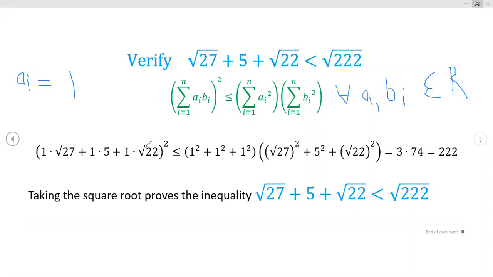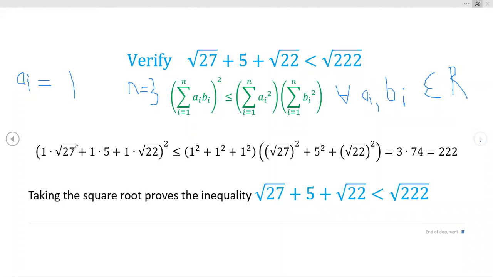Now notice in this case, we have 3 summands over here, so that would correspond to n equaling 3. Now I discarded the summation notation and just wrote it down like this. So notice the a sub i's, i equals 1 to 3, are always equal to 1. And for emphasis, I put the hard-coded 1 right there. 1, 1, and 1.